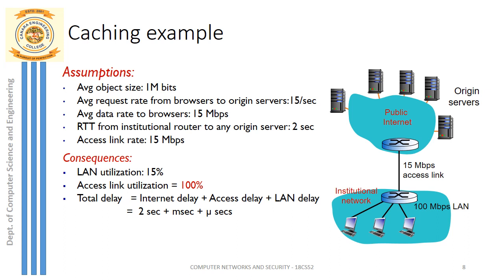So the total data rate to the browser will be 15 megabits per second, because one object is of size 1 megabit and 15 objects are requested per second. We consider the RTT, that is round trip time, from the institutional router to any origin server as 2 seconds.